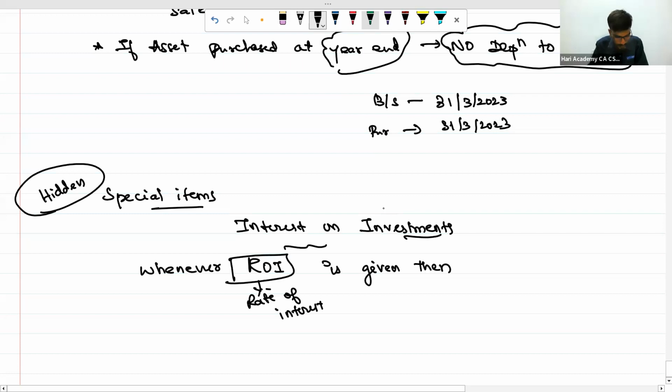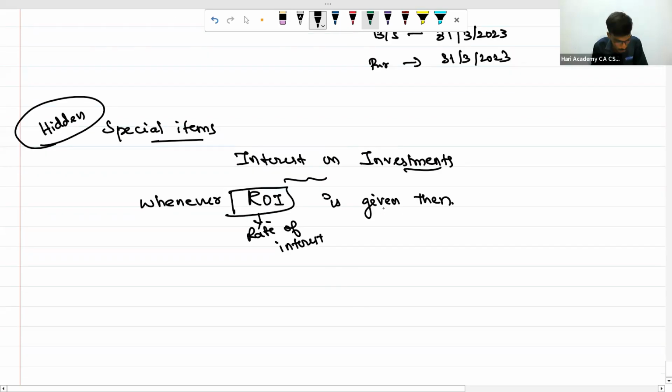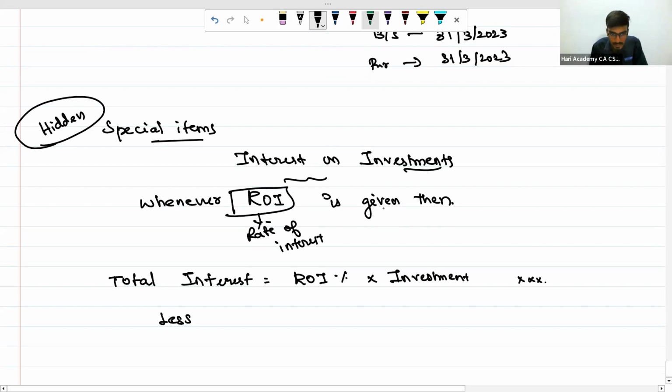Whenever the rate of interest is given, first you need to identify the total interest. For the purpose of total interest, we calculate the rate of interest percentage into the investment value. That gives you some value. Next, less: received as per receipts and payments account.